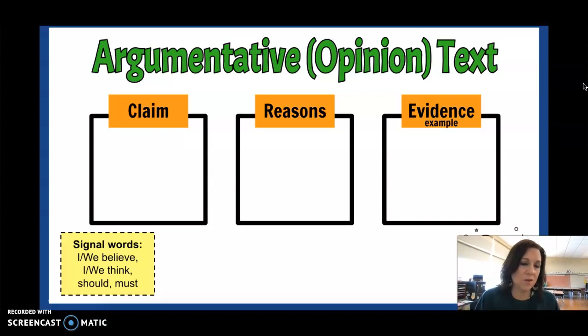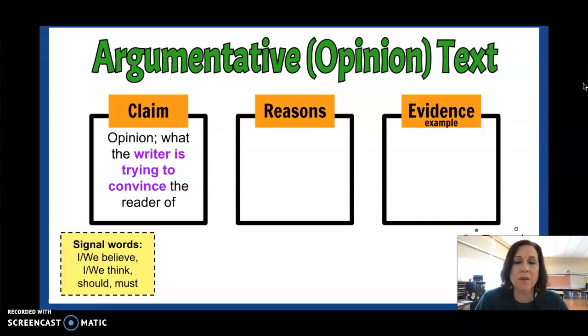So if you look down in the corner, it talks about the signal words to go, oh, this is an opinion text. This is how you tell it's an opinion text. You can see words like I or we believe, I think, we think, I should, we should, I must, we must. So it's showing that that's what that person thinks. In this case, it's the author.